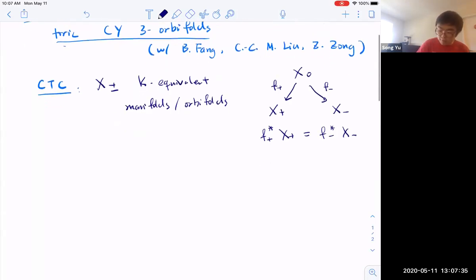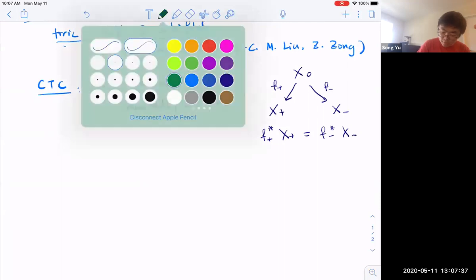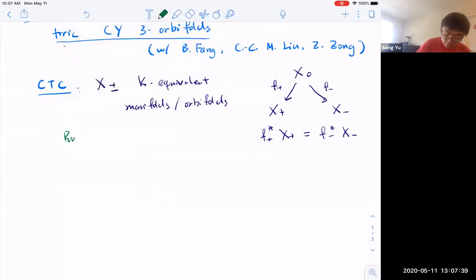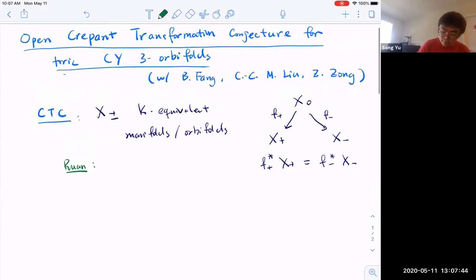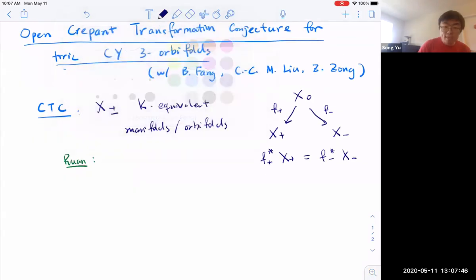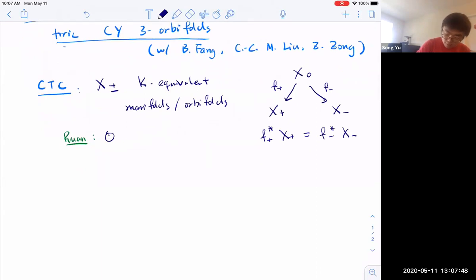Okay, so in this setup, the classical conjecture by Ruan, which is called the crepant resolution transformation conjecture, is that the quantum cohomologies of the two spaces, where here we take the Chen-Ruan orbifold quantum cohomology, should agree.